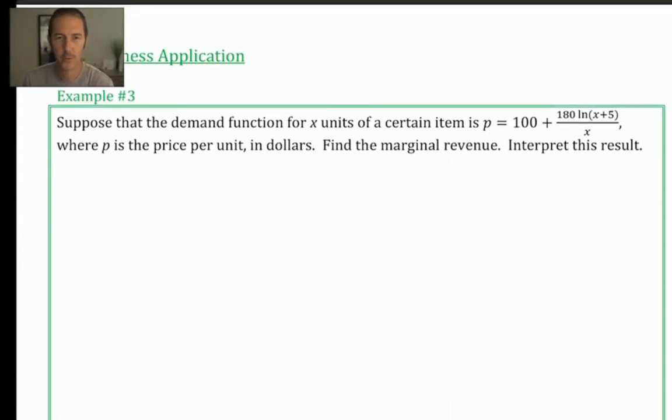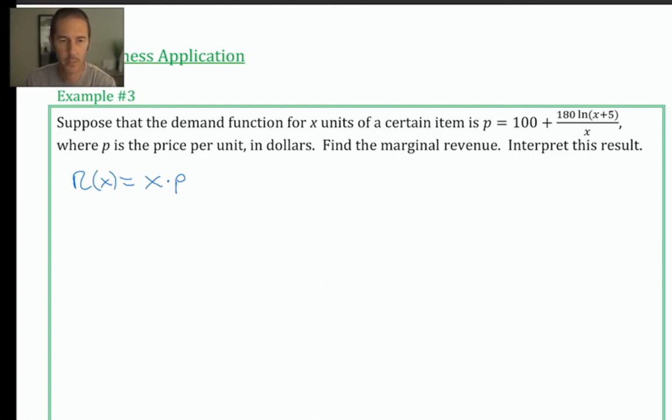How is revenue created? I don't even see a revenue equation here. Revenue is generated by taking the number of units that you sell and multiplying it by the price per unit. All right, and hey, we have a price equation. I would say that this is revenue as a function of x, where x is the number of units.